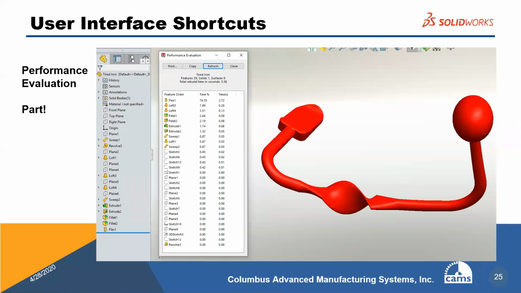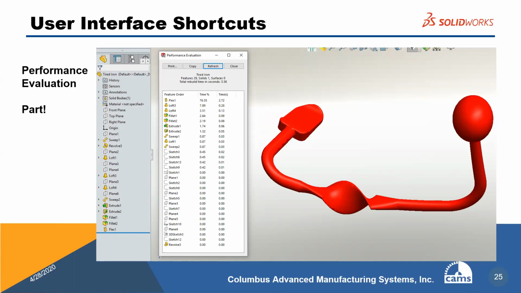Now, in this case, if you look at that, the name of the file is Tired Iron. And it's got 29 features. It's all a solid. There's no surfaces. Total rebuild time in seconds is less than 4 seconds. Okay, almost 4 seconds. But of that 4 seconds, 75% of that is just to do the flex. There's a flex command in there.